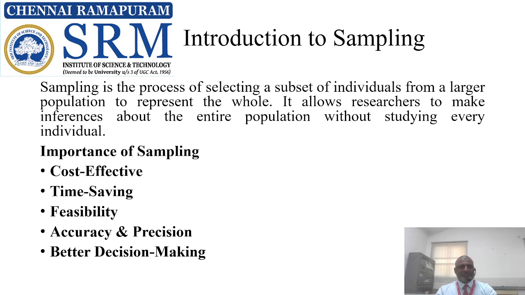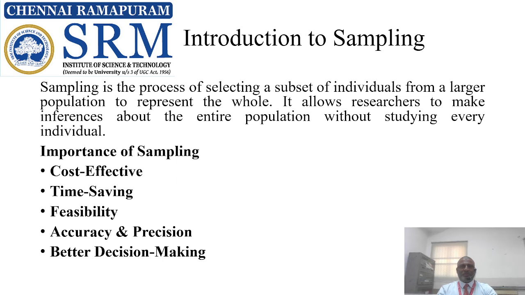So, the significance and importance of sampling is cost effectiveness, time saving, feasibility, accuracy and precision, and better decision making. If we take the entire population as the sample, it costs much. Instead, we take a small sample from the large population so that it will be very cost effective.